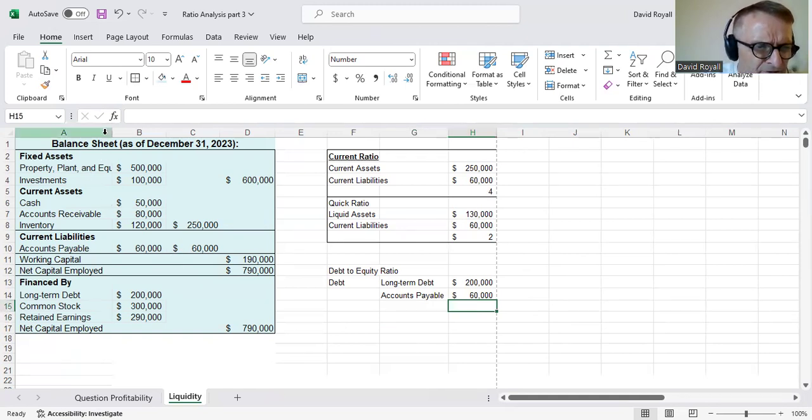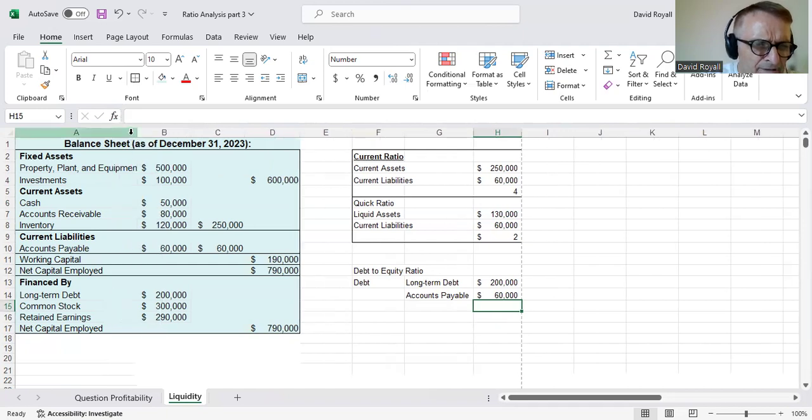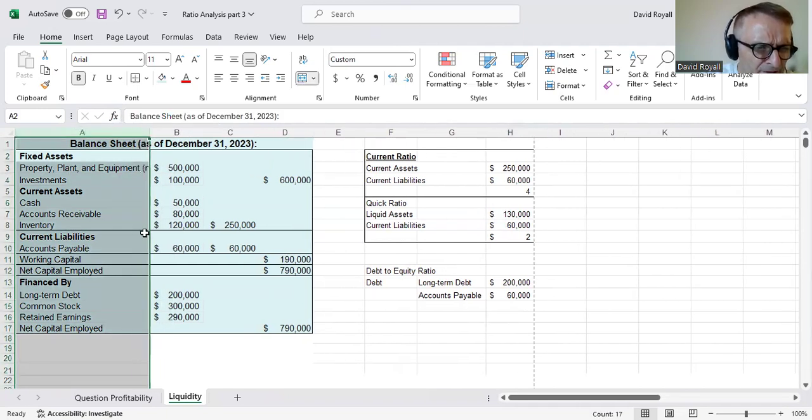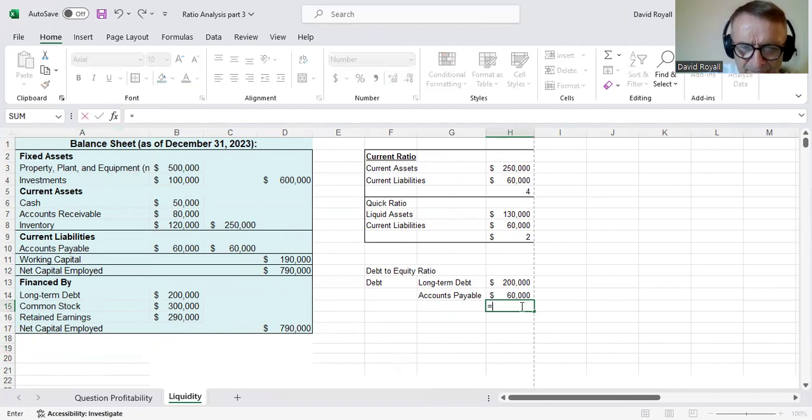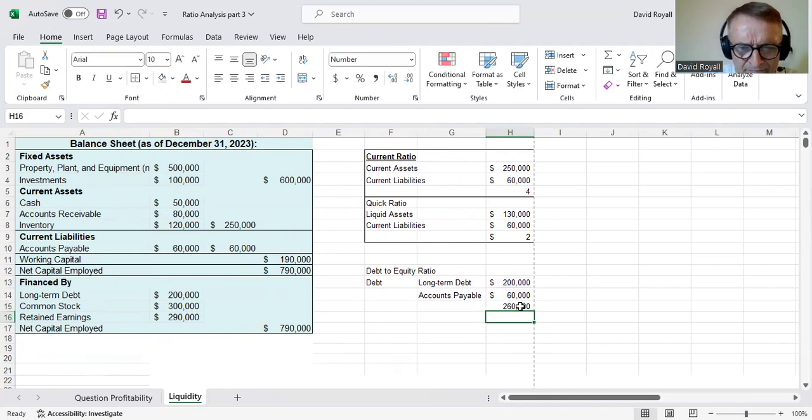Now, it's always worth double checking that you haven't missed anything. Okay, now we haven't got much to look at in this question. Right. So there's my total debt. So again, put that in the right format.